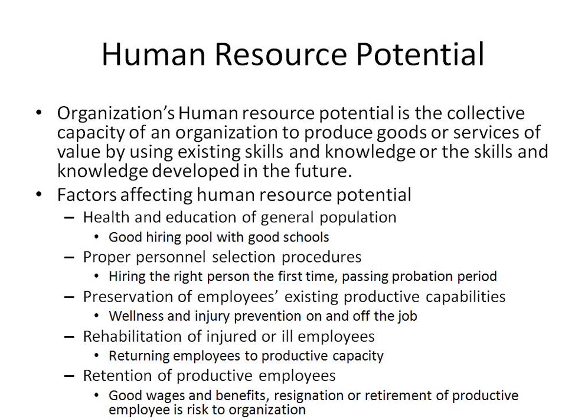Preservation of employees' existing productive capabilities, essentially, meaning we don't want them to get hurt, and so that's also why you see such a huge push on wellness, because wellness and benefits packages have to do with wanting to keep the productive capabilities. We don't want them to leave. So not only do we want to make sure they're not hurt at work, but we also want to make sure they're healthy and don't get hurt at home, because whether disabled at work or at home, if they can't perform the work, we've lost that human resource potential.